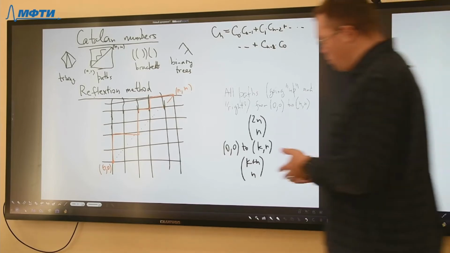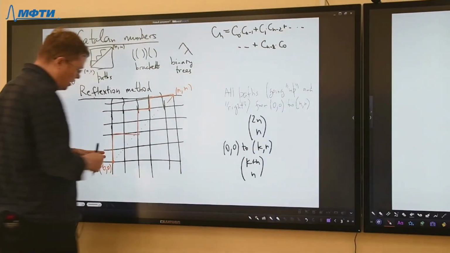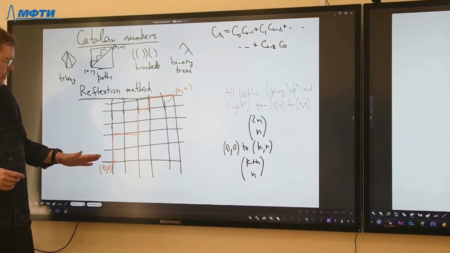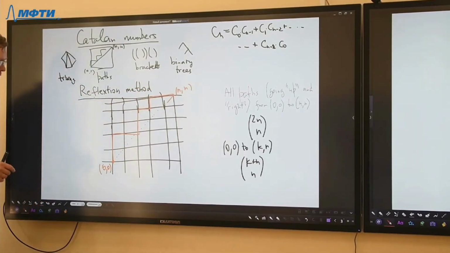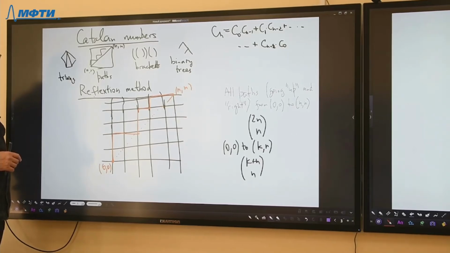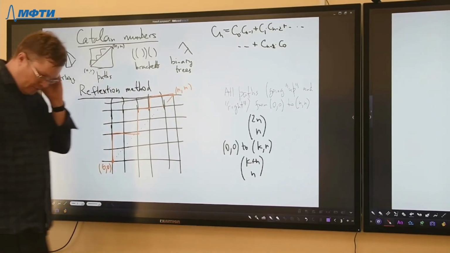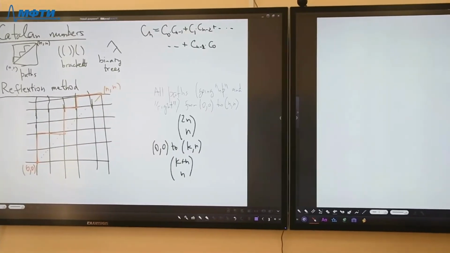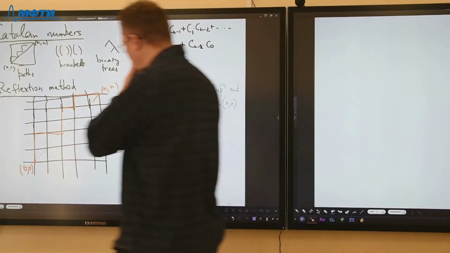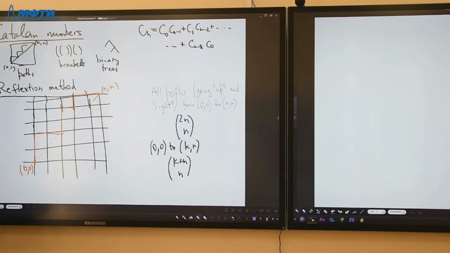So we want to relate the paths that go only above the diagonal to all paths from some point to another point.